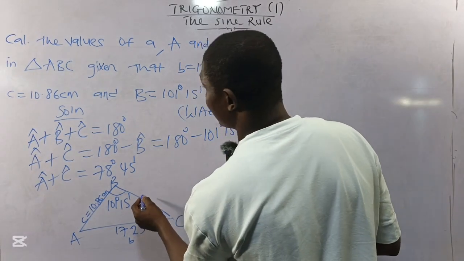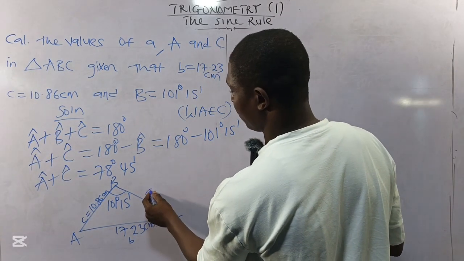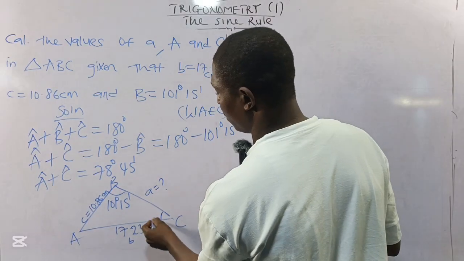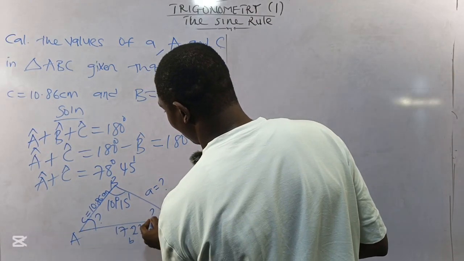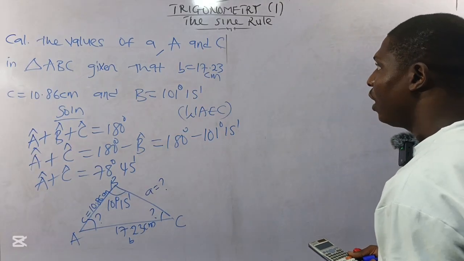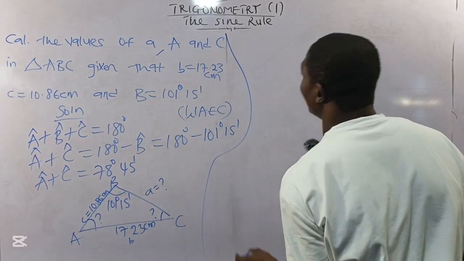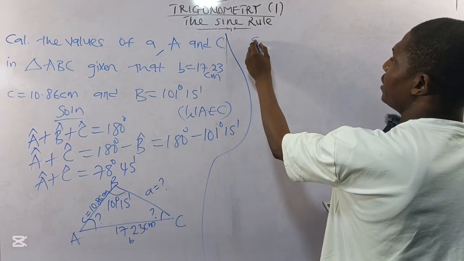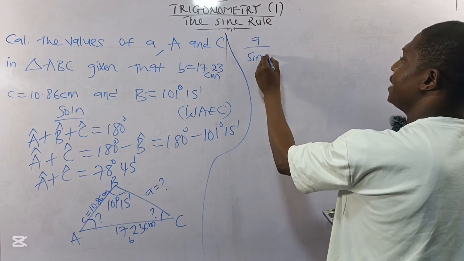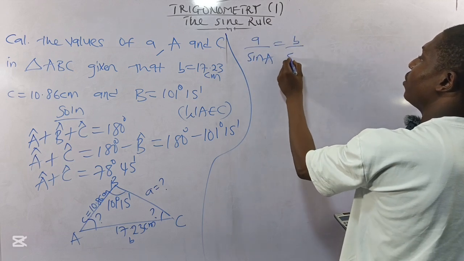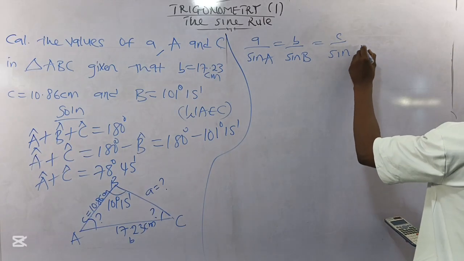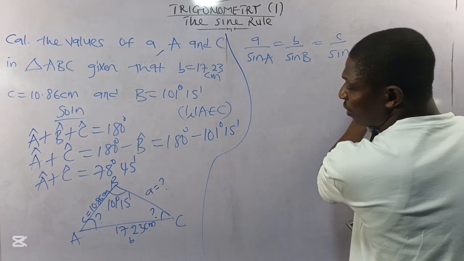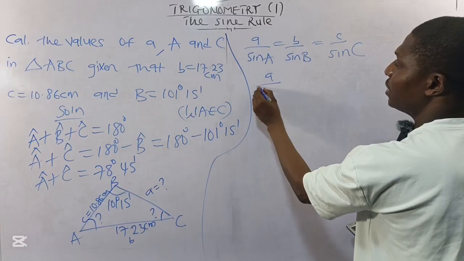Now, I'm looking for small letter a and angle C, and angle A also. I'll write my sine rule formula: a over sine A equals b over sine B equals c over sine C. My a is not known, it remains the same.